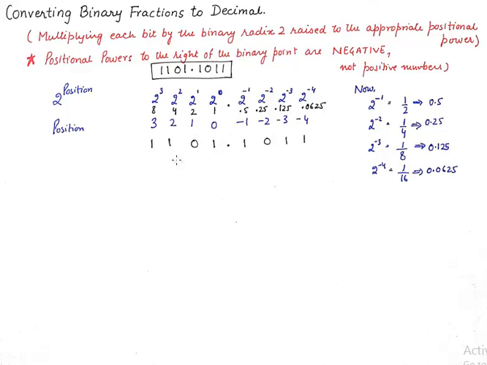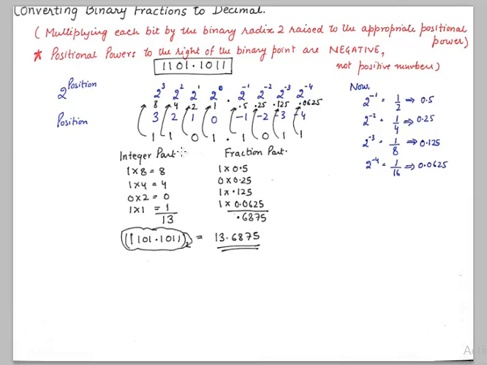So this 1101.1011 will be multiplication of this 1 with 8, it gives me an 8. This 1 gets multiplied by 4, gives me a 4. This 0 multiplied by 2 gives me a 0, and 1 multiplied by 1 gives me 1. So all that adds up to 13.